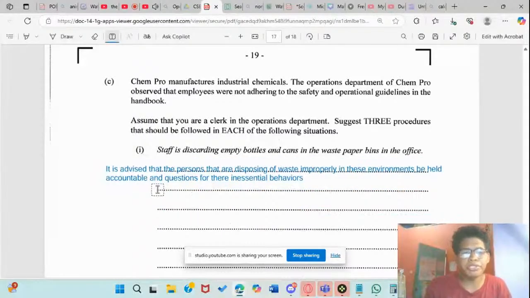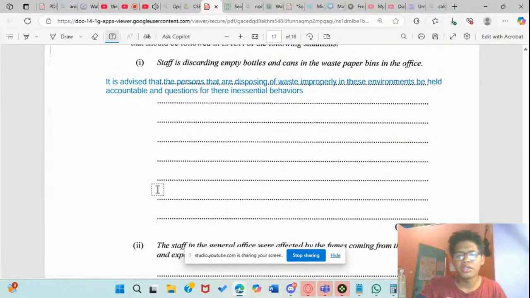Because you're putting yourself in the position of the operations department clerk, this is something that you usually say: it is advised that the persons who dispose of those improperly in the departments be held accountable for these key behaviors.